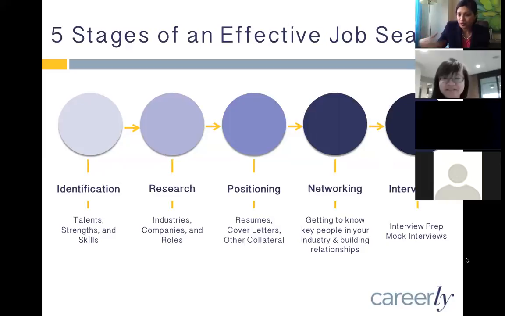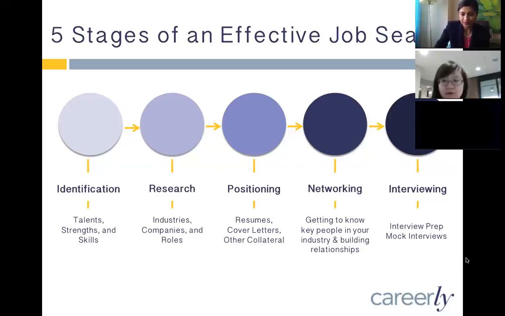And then data roles and things like that. There are a lot of related roles that, at least for an internship, are a very good fit for engineering. So what you want to do is identify those roles, and then maybe even better, identify specific companies, and then you'd have a much better networking strategy. Okay.